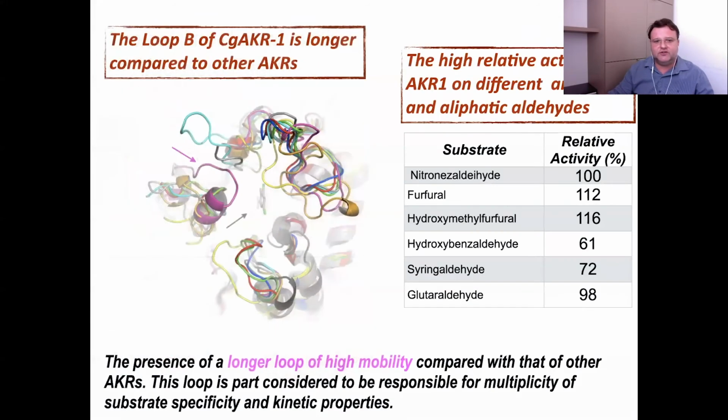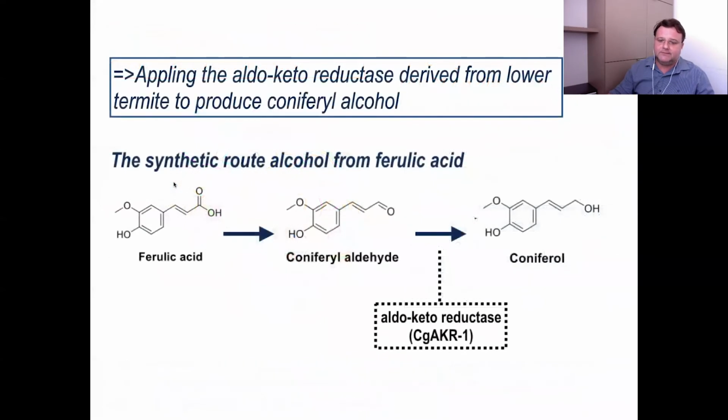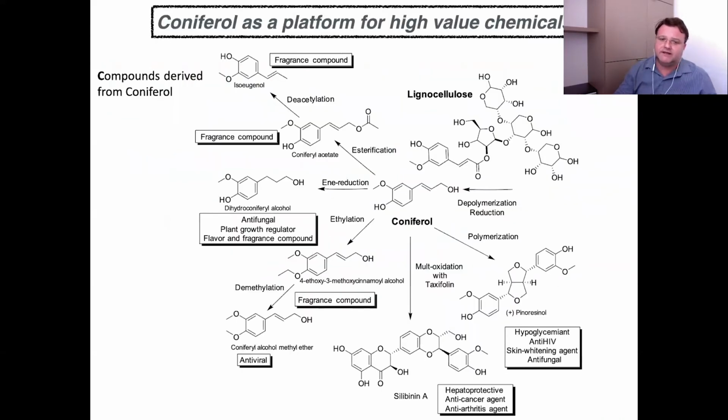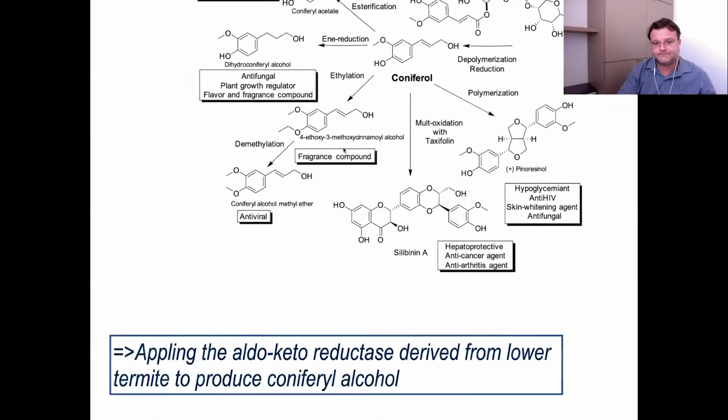We solved the three-dimensional structure of the enzyme, and we found that this aldo-keto reductase can act on different aromatic and aliphatic aldehydes. And we found a potential application of the enzyme to produce coniferol. Coniferol is a building block that can be used for the production of other bioactive compounds, also fragrance compounds.